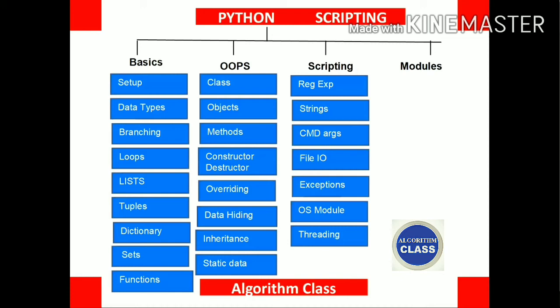They have taken care of portability issues across different platforms related to the file system, and we will be exploring what the OS module is. Multi-threading: yes, we can definitely do parallel programming with multiple threads, and we can assign each thread to do some task, along with some built-in packages. So this is what the Python scripting course is all about.